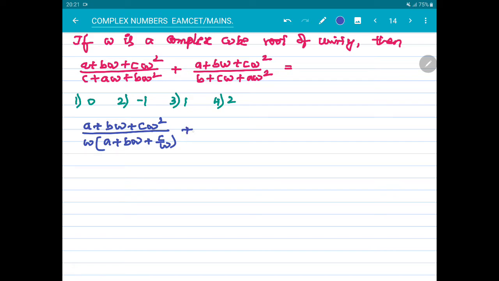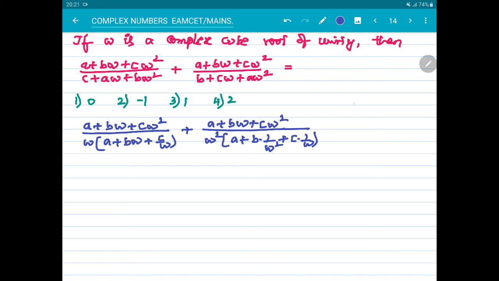In the second factor, please do not touch the numerator, as it is: a + b omega + c omega^2. And from the denominator now, we are going to take omega^2 as the common factor. Now, in the bracket we have a + b times 1 by omega^2 + c times 1 by omega.